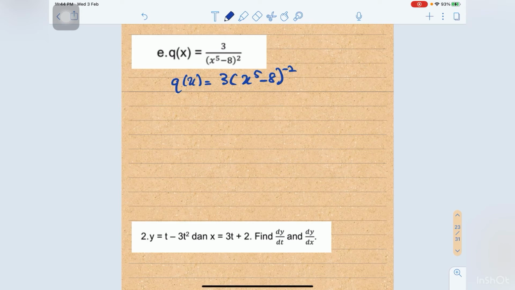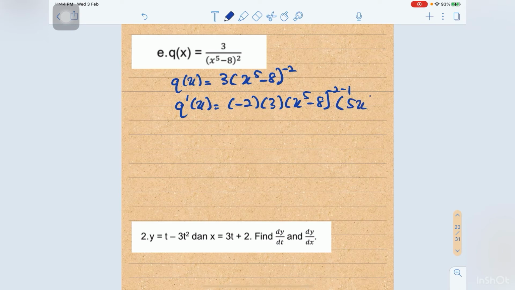Then q'(x) equals negative 2(3x⁵ minus 8) to the power of negative 2 minus 1. Differentiate the function in the bracket, we have 5x⁴. So here we have negative 30x⁴(x⁵ minus 8) to the power of negative 3.